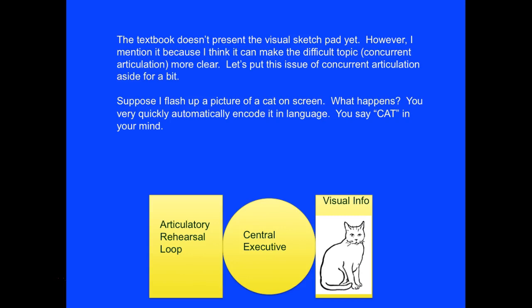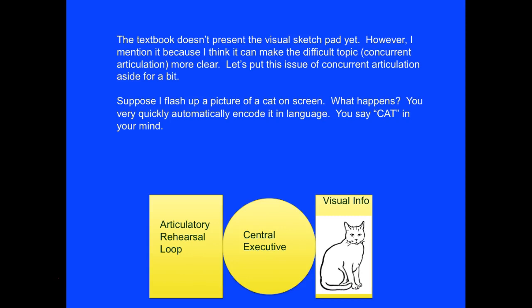I flash up the picture and you mentally encode the word. I could draw a picture on the board. I could draw a picture of an apple. You would mentally say apple. Imagine if I drew a picture of an apple as opposed to writing out the word apple, A-P-P-L-E.